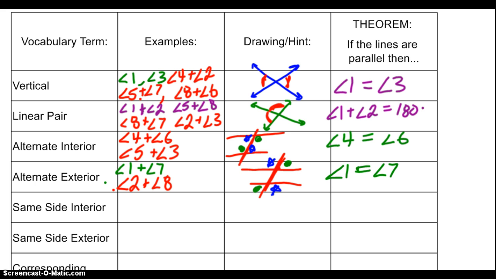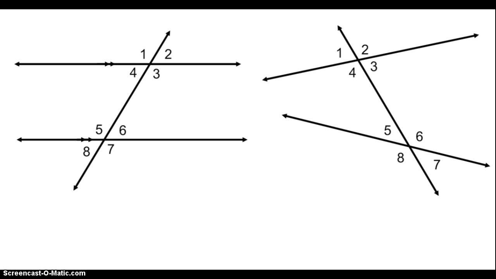So what about same side interior or same side exterior? Well, you can probably guess that same side interior and exterior are kind of like the alternate interior and alternate exterior, but instead of being alternate, the angles are on the same side. Let's look at the diagram. A same side pair means that here's our transversal, but the two angles are going to be on the same side, either both on this side or both on this side.